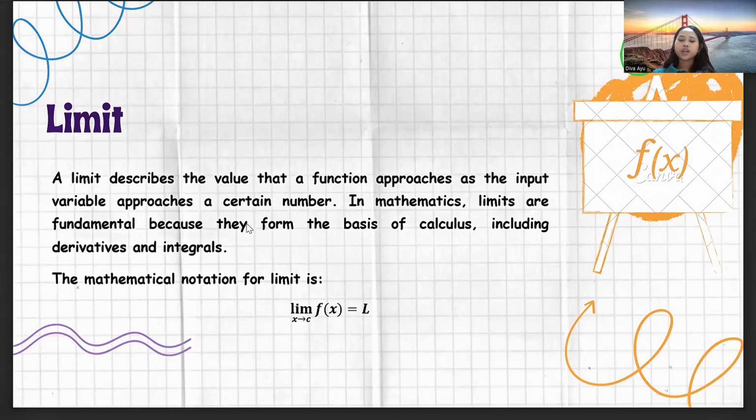We read the notation as the limit of f of x as x approaches a equals L. This means that when x gets closer and closer to a, the value of the function f of x gets closer and closer to L. It is important to remember that limits focus on the behavior of the function near a certain point, not necessarily at the point itself.